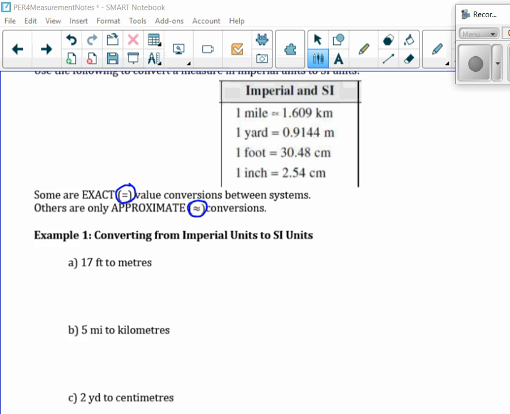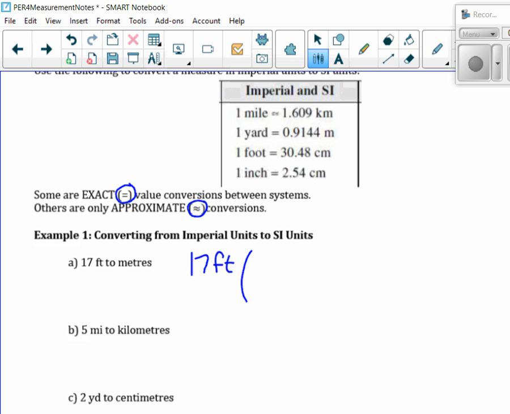Okay, so if we're converting 17 feet to meters, again, we need to do the unit analysis. So 17 feet, and then I look up the feet and meters conversion, and there isn't one. I have feet and centimeters. So I'm going to convert the feet to centimeters and then the centimeters to meters.